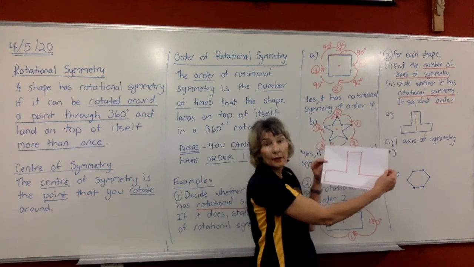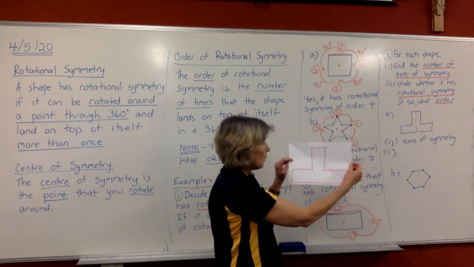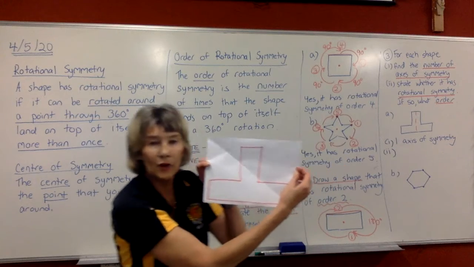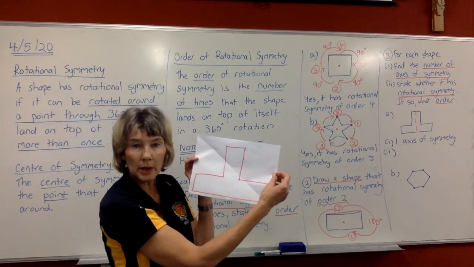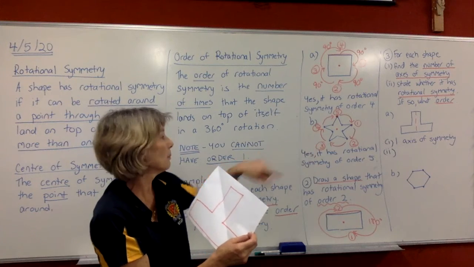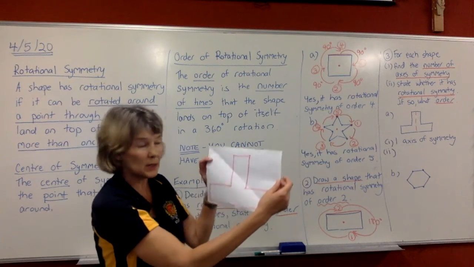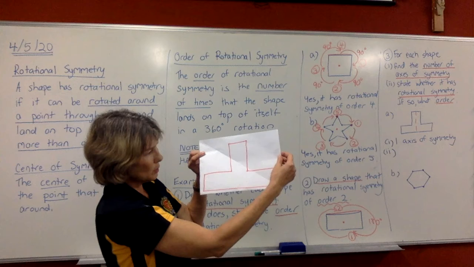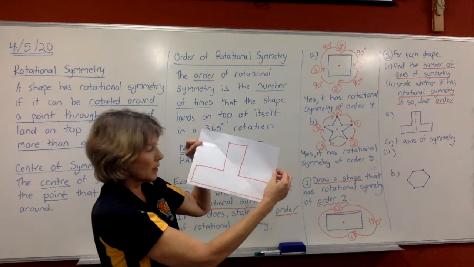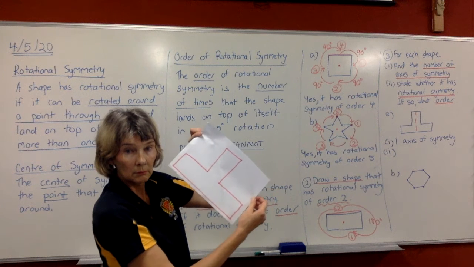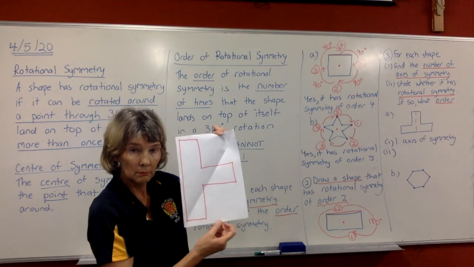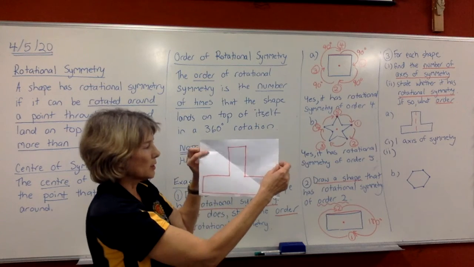We're just trying to see if it lands on top of itself. So I'm going to start to spin this shape clockwise, and we'll just see if it looks like that. Now remember what it looks like, because otherwise you're going to forget. You've got it in front of you in your book, so it looks like an upside down T. Let's remember where I started.